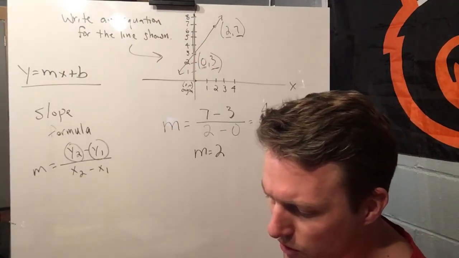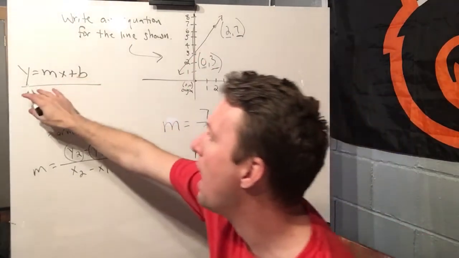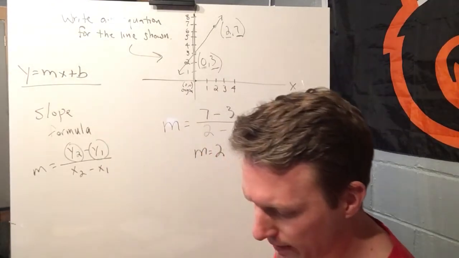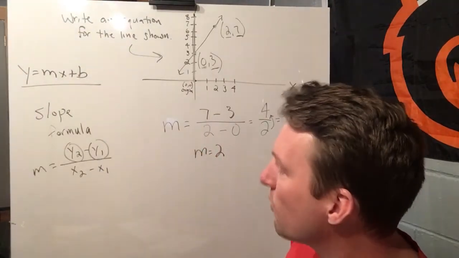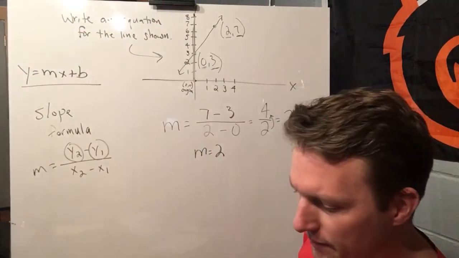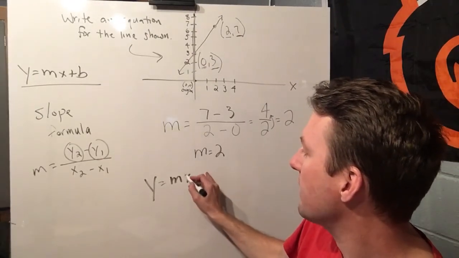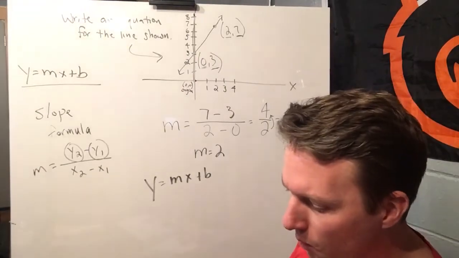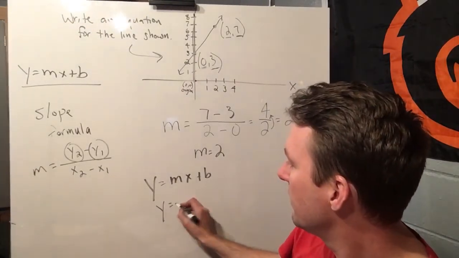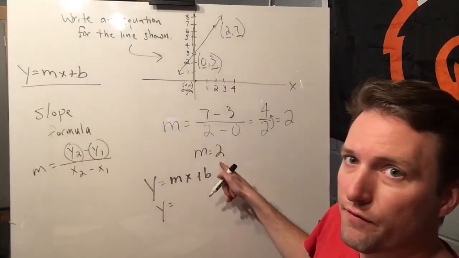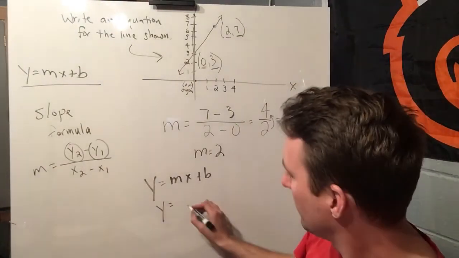We can use the slope-intercept form, y equals mx plus b, to write an equation for this. We have the pieces of the puzzle. So y equals mx plus b. Well, y would stay the same. M, we just solved for, would be 2.